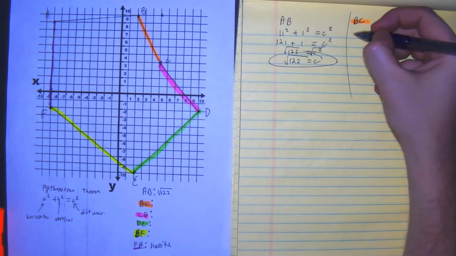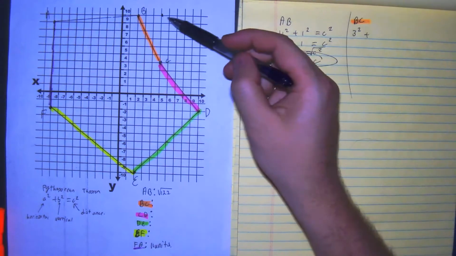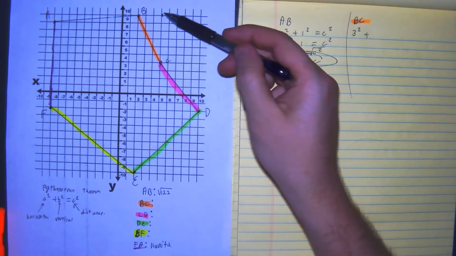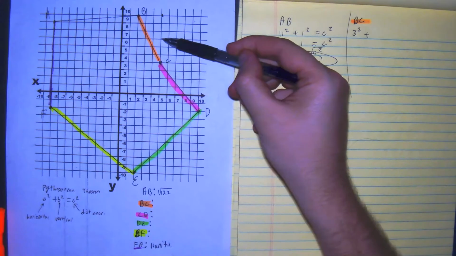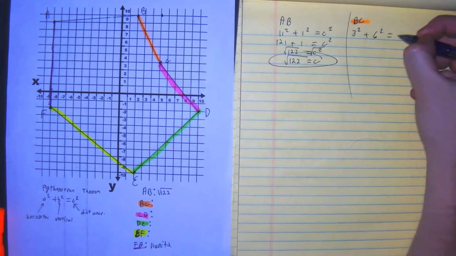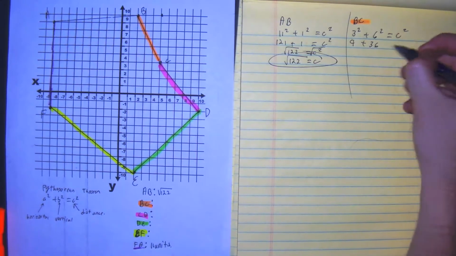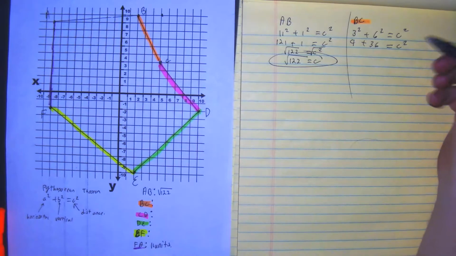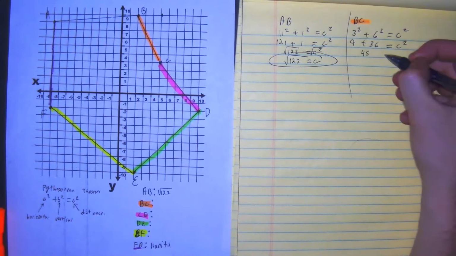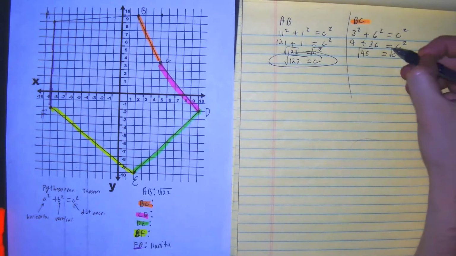So 3 squared is where we start. Then we need to do our vertical. 0 to here. 0, 1, 2, 3, 4, 5, 6. So we get plus 6 squared equals the slant distance. 9 plus 36 equals c squared. 45 equals c squared. Square root.